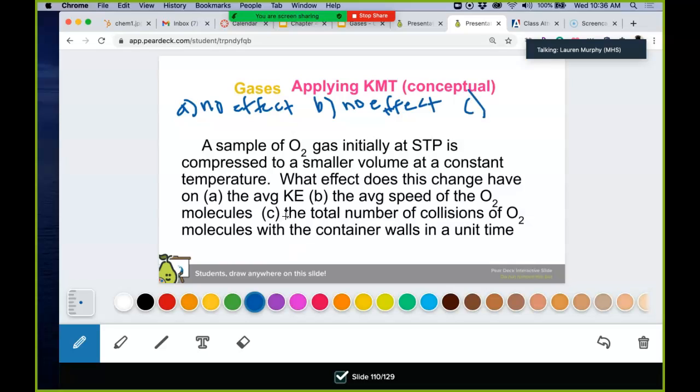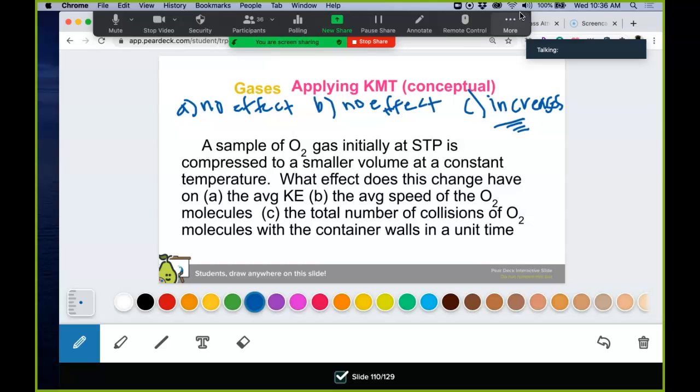Now, what will happen to the total number of collisions of oxygen gas molecules with the container walls? Well, if you shrink the container, the oxygen gas is going to hit the walls more often, aka pressure is going to increase, because there's less space for the gas to move around in, so it will hit the walls more often. So that's the only one that changes as long as temperature remains constant. Okay.